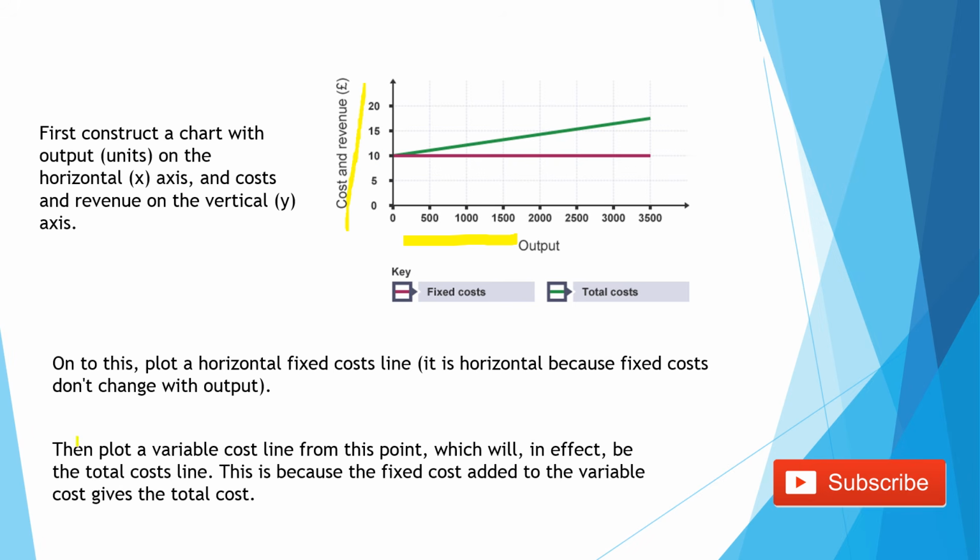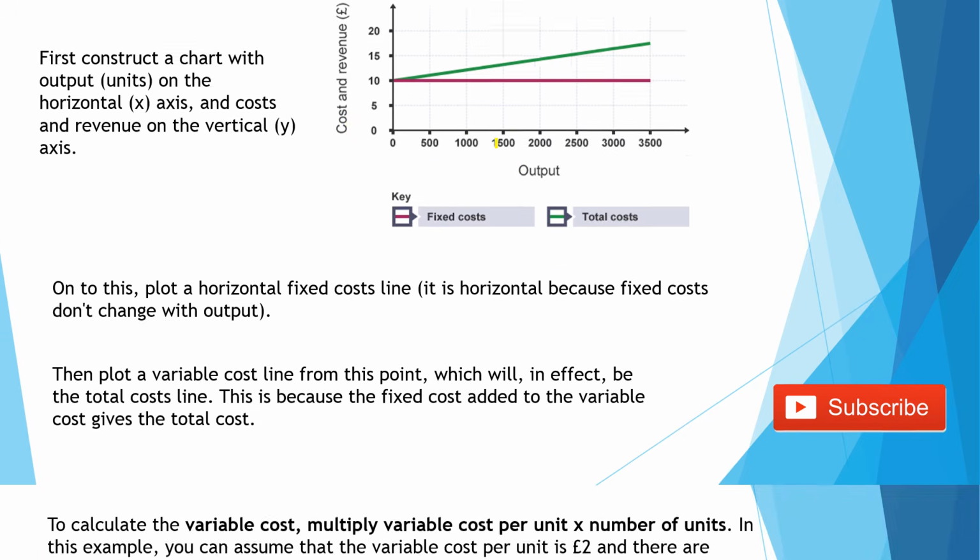And then we need to plot a variable cost line from this point, which will in effect be the total costs line. This is because the fixed cost added to the variable cost gives us the total costs, which is this line here.